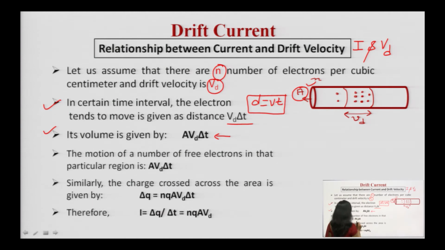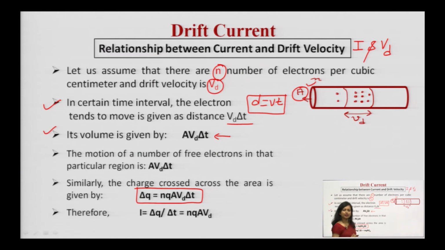Accordingly, you can calculate the charge which is crossing the area. Since there is a current flowing through the semiconductor, definitely there must be a certain charge which will exist over there. So how can you calculate that charge? Delta q is that particular charge. This is N times q into A into the distance travelled.